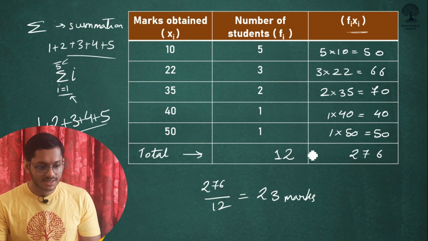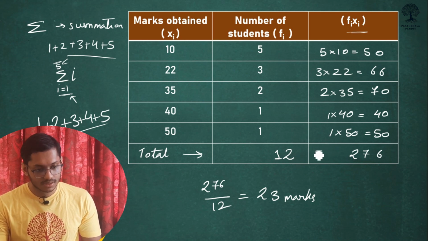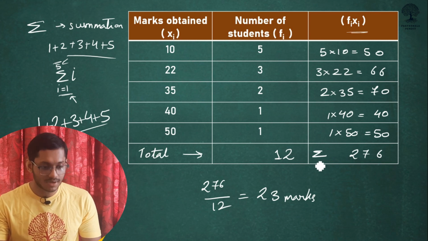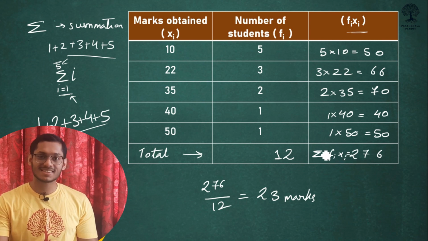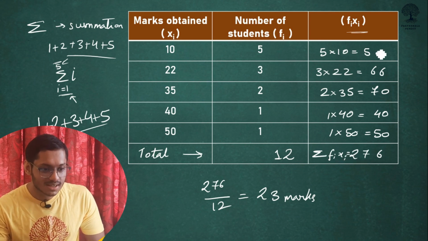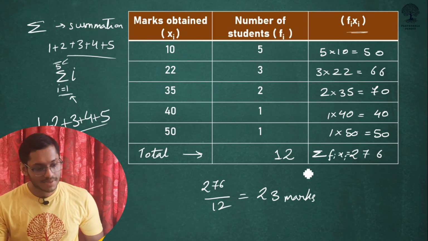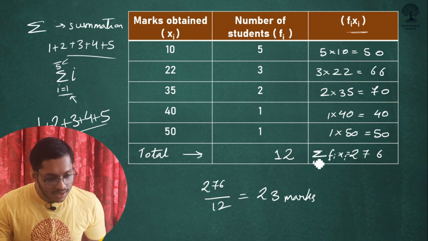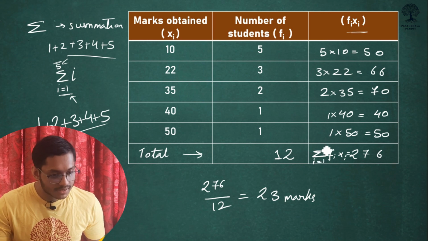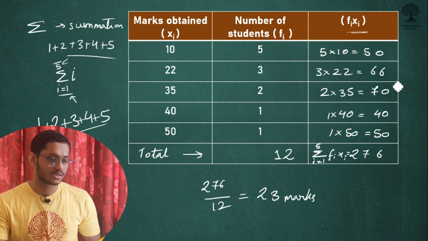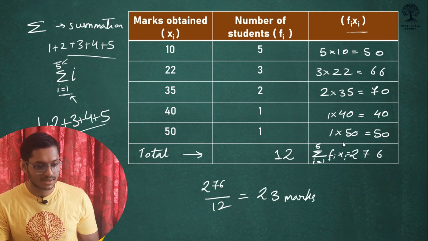Isn't this 276 the summation of f I x I? It is, because we just summed up all this and wrote 276. And for precision, I will just write I equal to 1 till 5, because 5 times we have to do it.